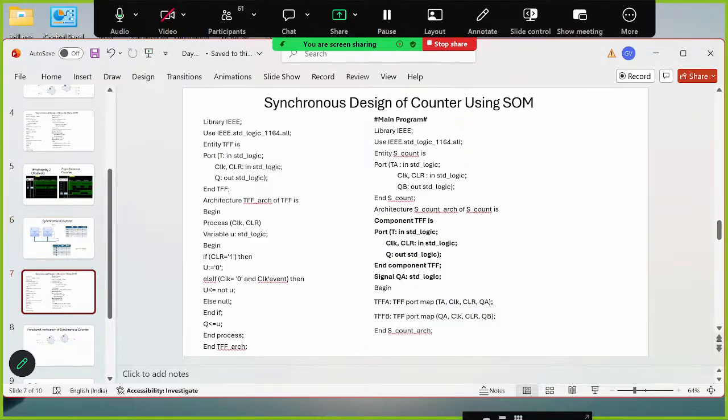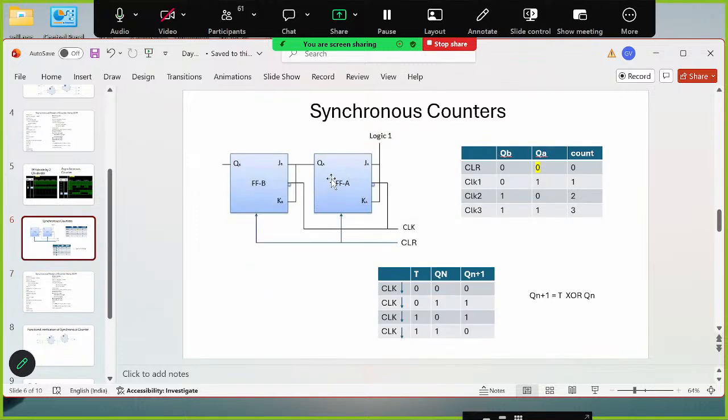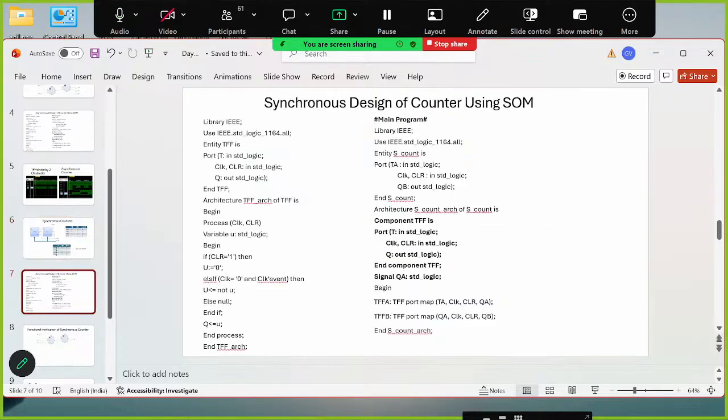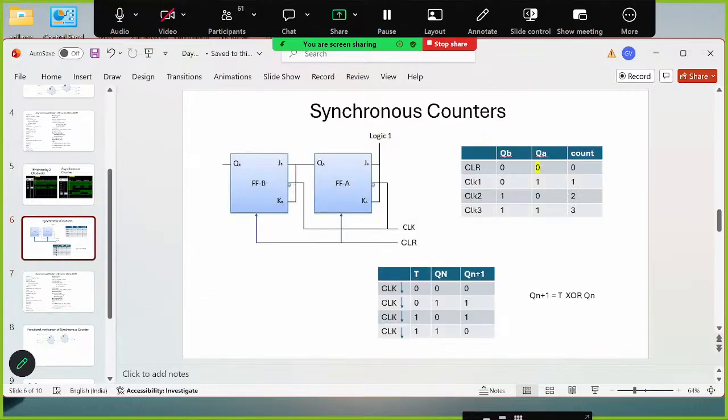Because I'm designing it for a single T flip flop first of all, I'm assuming the output is reset. After that, whenever some clock comes, it is always going to toggle. But you will apply this type of identity only.